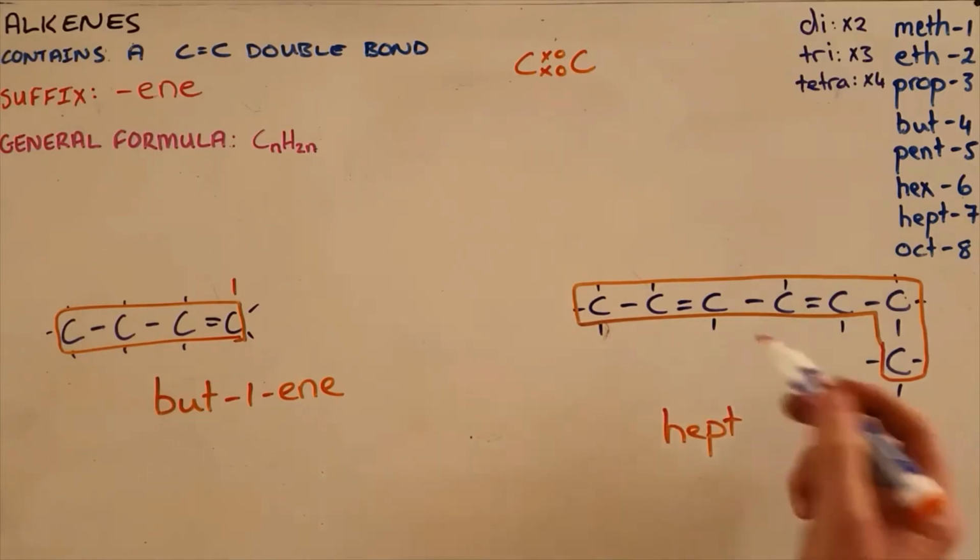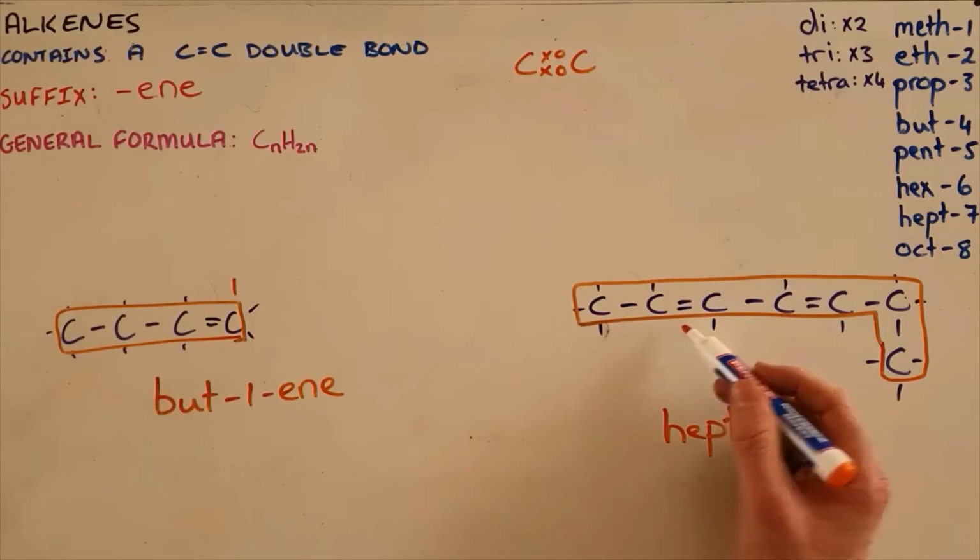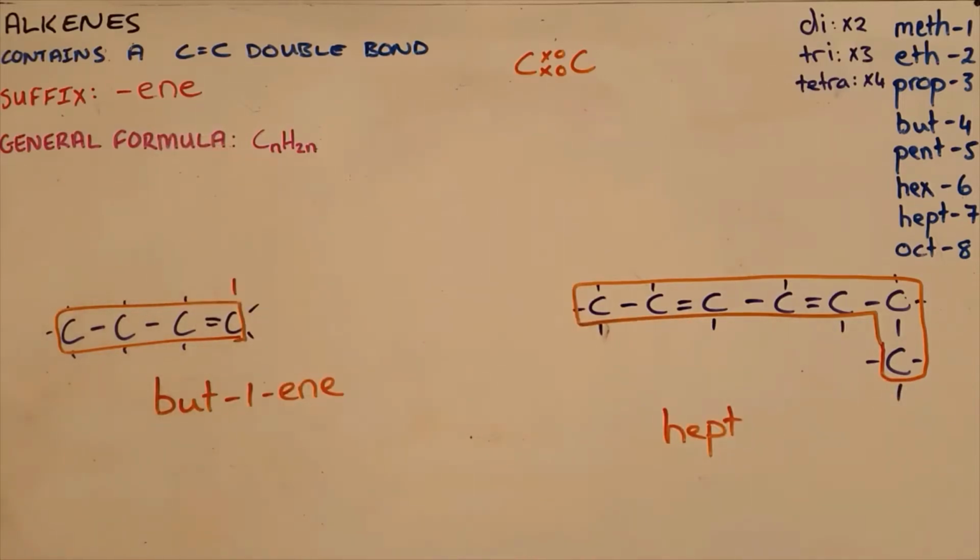We can see once again that it contains a double bond, this time 2 double bonds, but therefore gets the suffix ene, but we indicate that there are multiple functional groups with a prefix di, tri, or tetra, so this would now be diene.